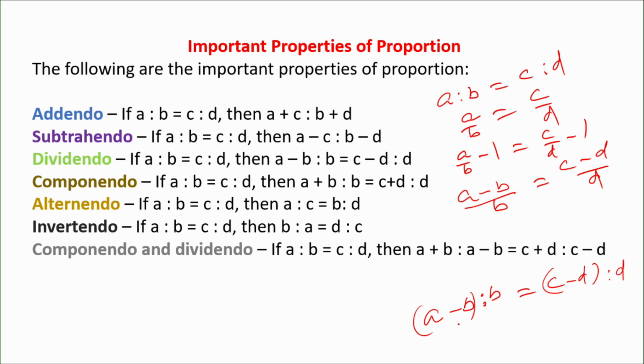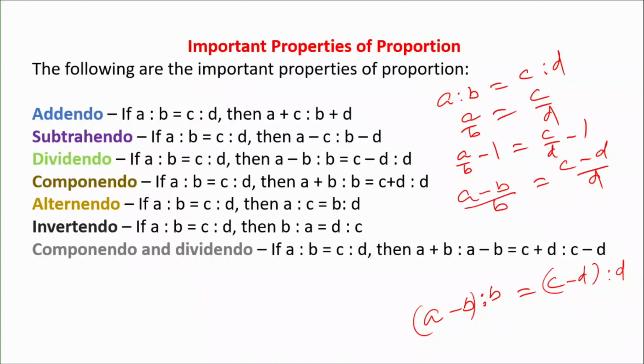This is called dividendo, meaning subtract 1 from both the ratios.